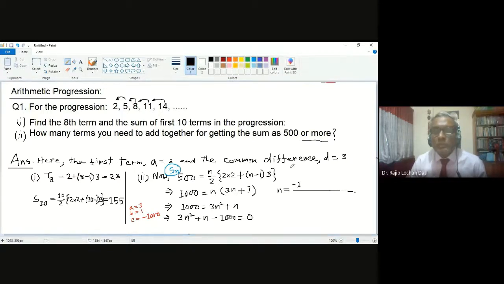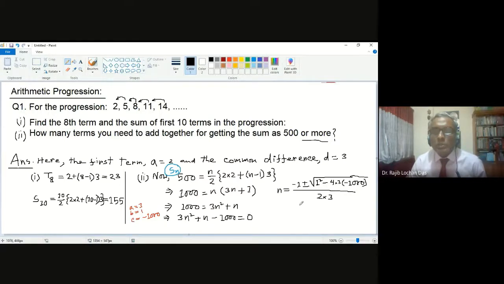So you apply the formula: minus B plus minus root over B square, means 1 square, minus 4 into 3 into minus 1000, so that will be 4AC, and then divided by 2A. 2A means 2 into 3.